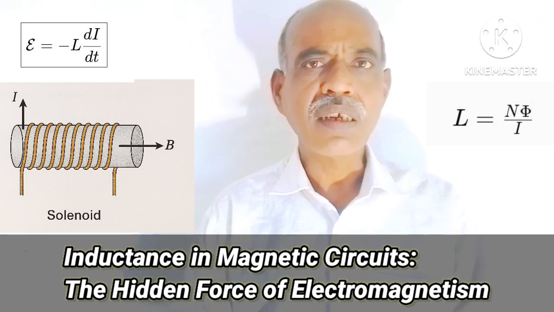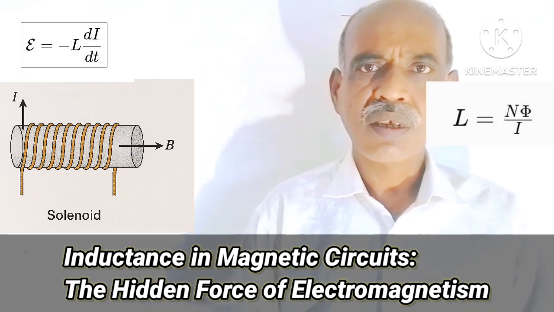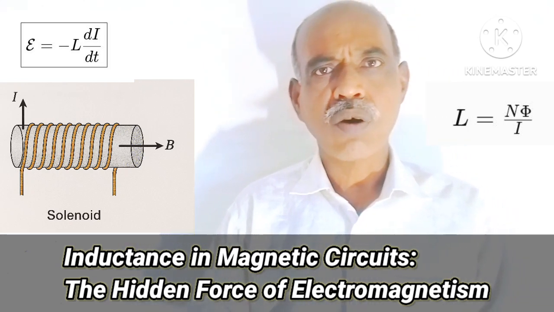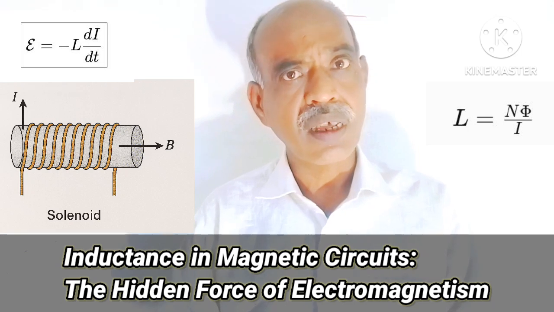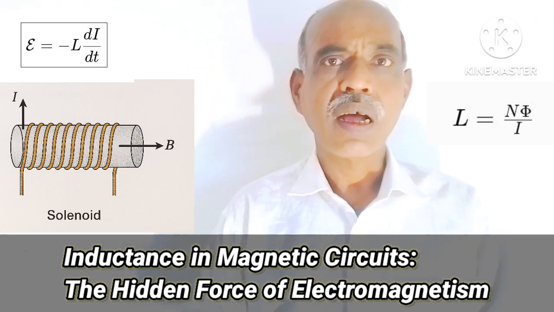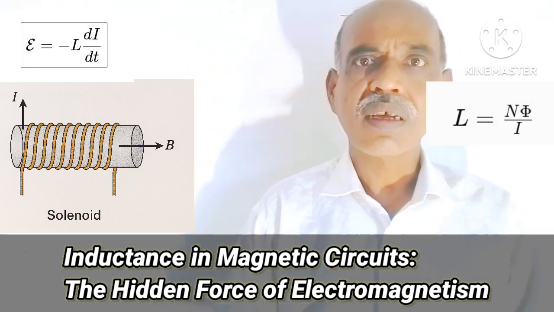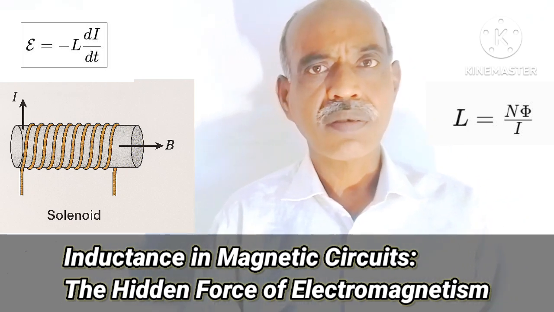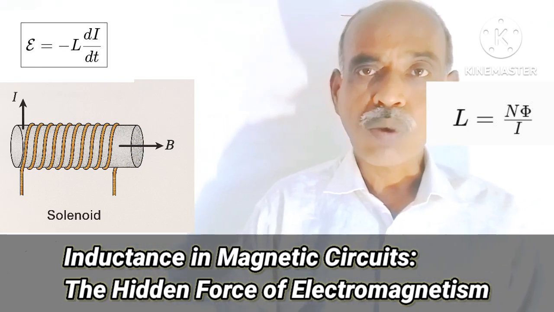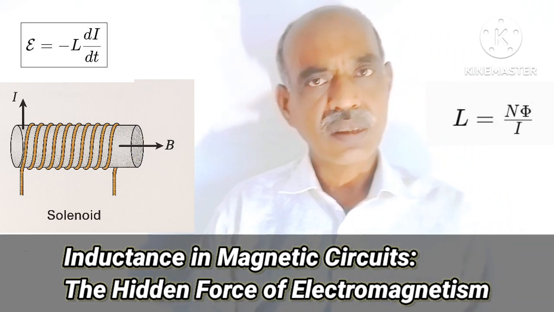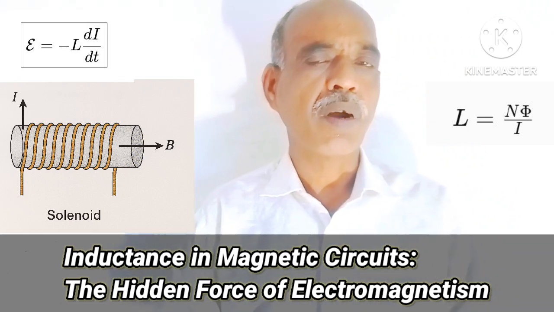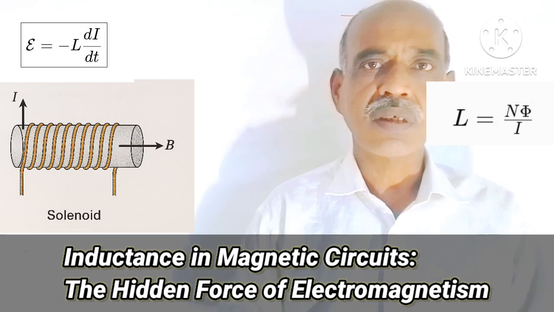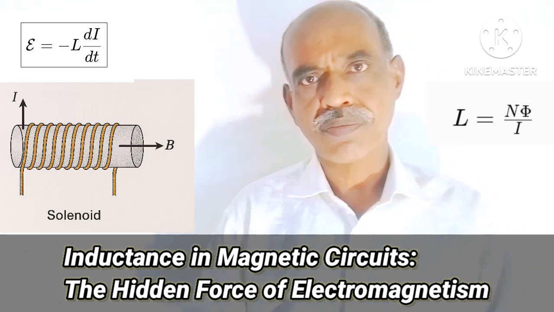That means current is always tangential at any point of any coil, and the current vector lies in the plane of the coil. That's why you can see in the image that the current vector is perpendicular to the direction of the magnetic flux vector.